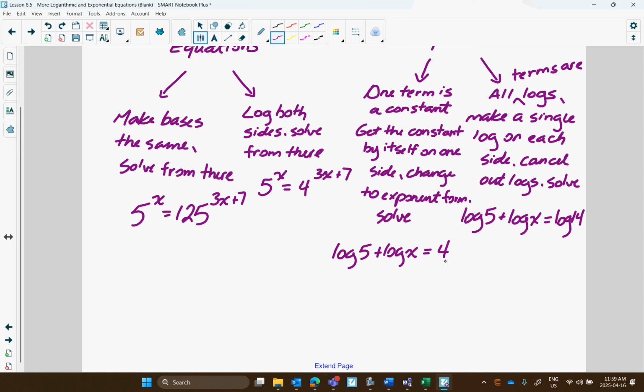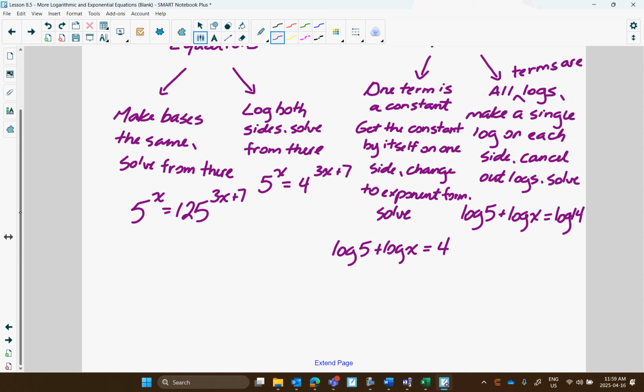That's one of the log laws. Well, you can't cancel out logs. So remember, this is base 10, so now you have to change it to exponent form. So 10 to the 4th would equal 5x, and then solve from there.